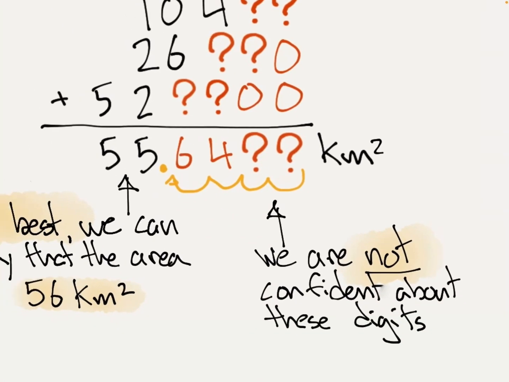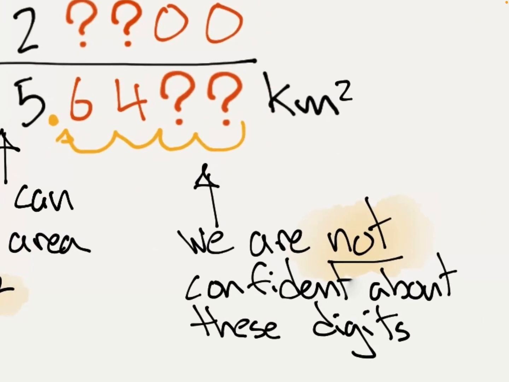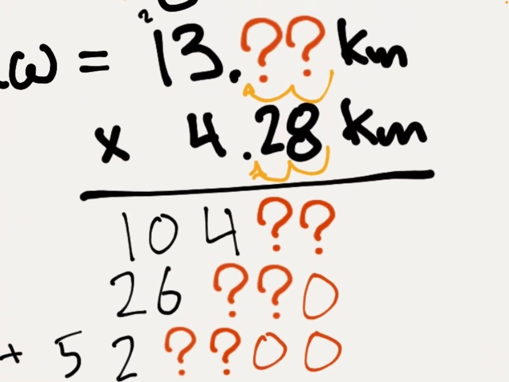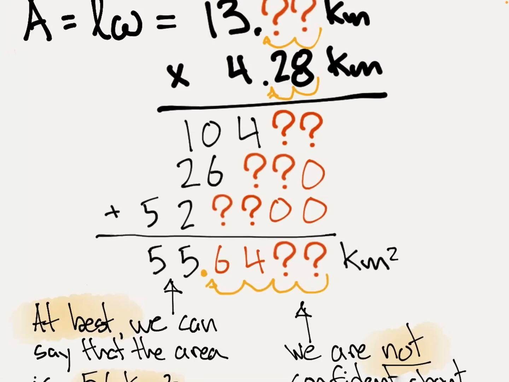But once again, we are not confident about the digits at the end. So anything that's in red here, we are not confident about, because we have all of these unknown digits, all these question marks that we've incorporated into our math. And so really that suggests that we can't use them.